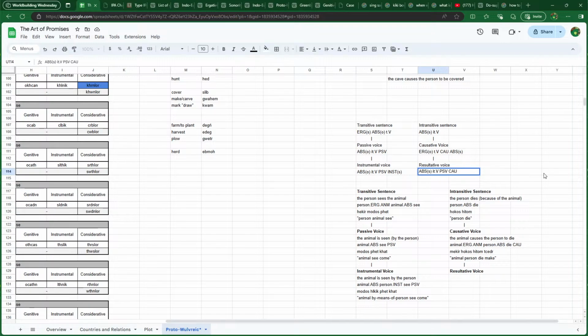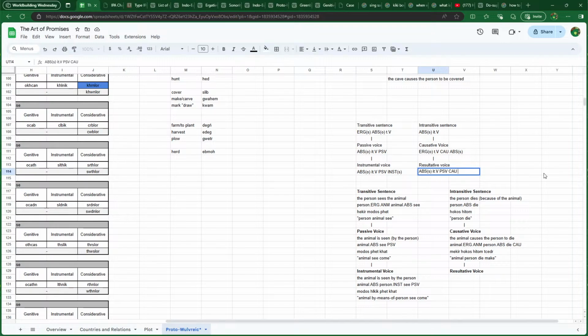Because the animal dies. The person dies because of the animal. Or rather, the person dies by means of an animal. That's what the instrumental's for.